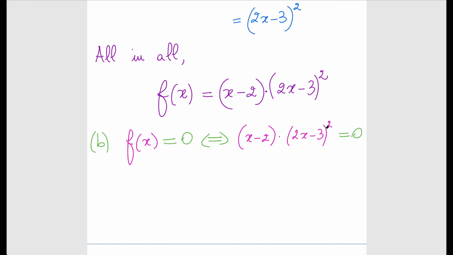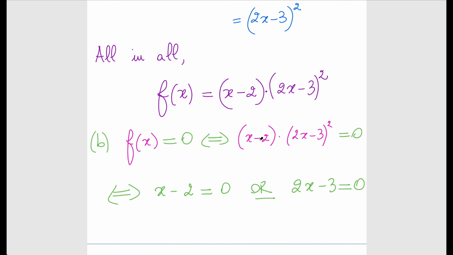But two factors are the same. So when is this product 0 then? This happens exactly either when x minus 2 is 0, right? If this guy is 0, then the product is 0, isn't it? Or if 2x minus 3 is 0. Does it make sense?